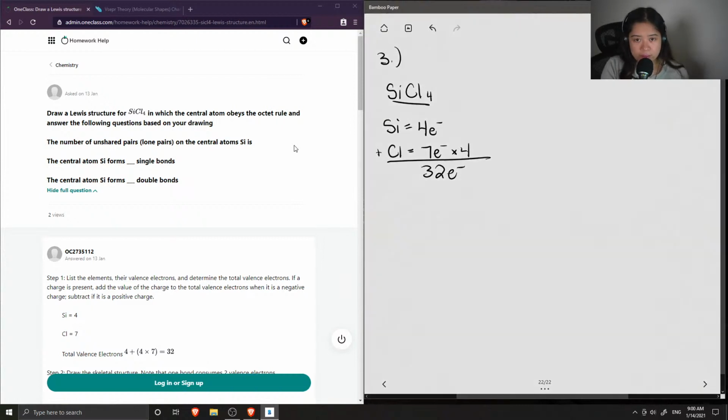Okay, so now I'm just going to draw my silicon as my central atom, and then I'm going to draw 4 single bonds to chlorine. And I'm going to add all of the lone pairs on chlorine as well.